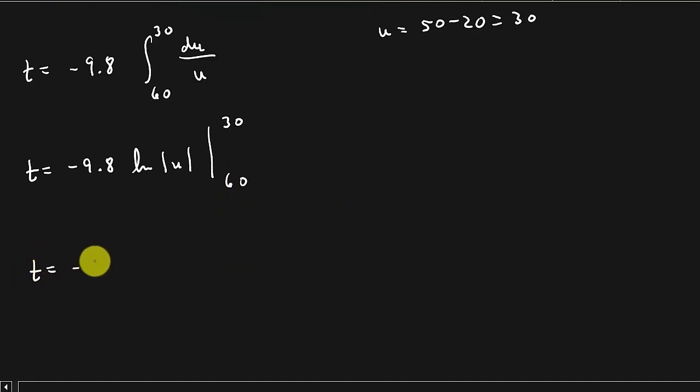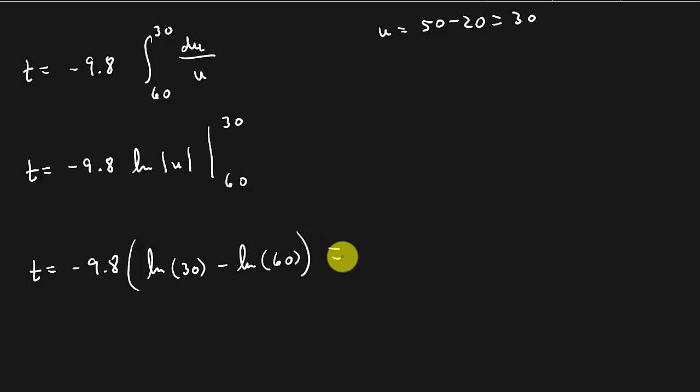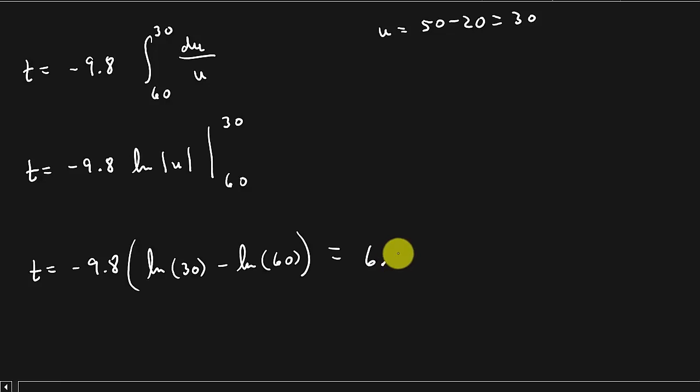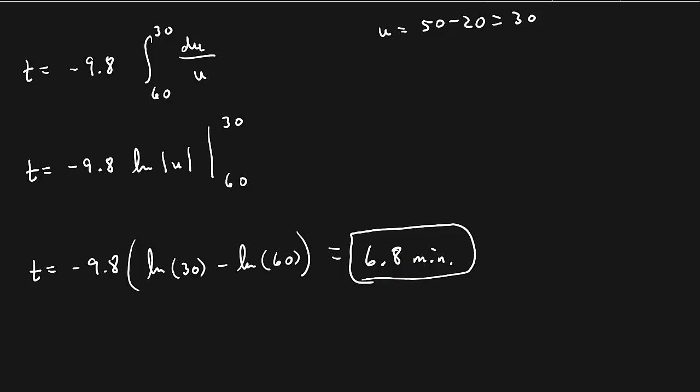So t is negative 9.8 times the natural log of 30 minus the natural log of 60. And let's see, what does that give us? That gives us 6.8 minutes. And that's your answer.